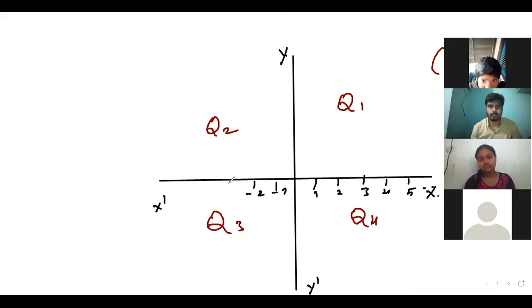Minus 1, minus 2, minus 3, minus 4, minus 5. And here 1, 2, 3, 4, 5, and so on. Minus 1, minus 2, minus 3, minus 4, and so on.